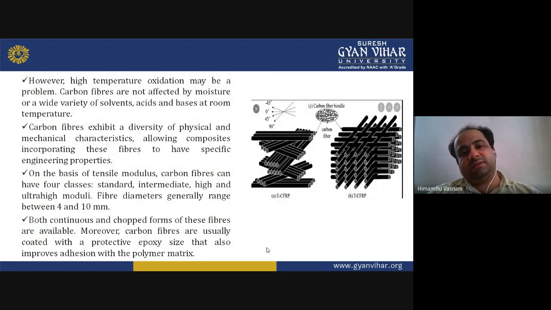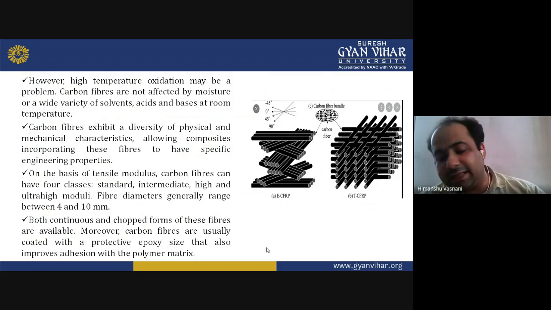The carbon fibers are not affected by moisture or a wide variety of solvents like acids and bases at room temperature. These carbon fibers exhibit a diversity of physical and mechanical characteristics, allowing composites incorporating these fibers to have specific engineering properties.